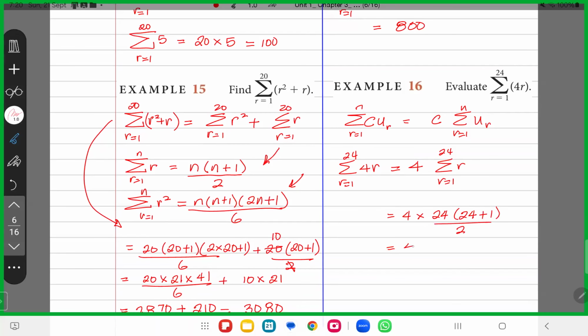So this becomes 4 times 12 times 25, because 2 goes into 24 12 times. And this looks like 1,200.